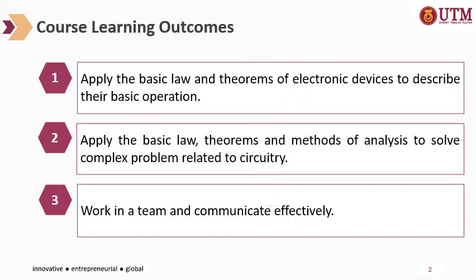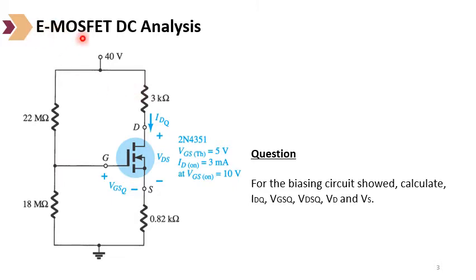Let's take a look here. I will give you two kinds of sample of the E-MOSFET DC analysis so that you can relate if the question gives you a different version of the question.